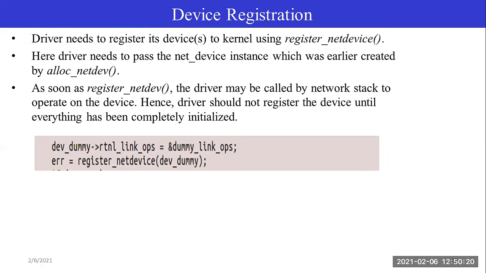For example, you are opening the interface, closing the interface, or sending a packet to that interface. For those, some functions of the network device will be called through the function handlers. So those set of function handlers are initialized here.